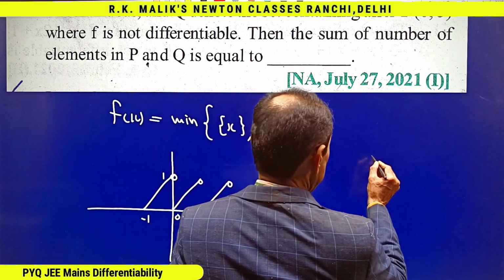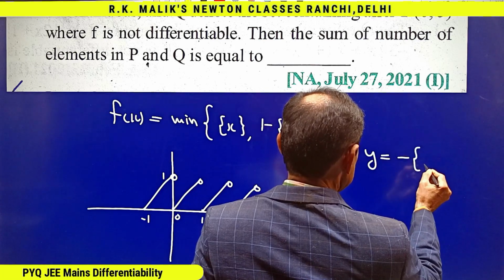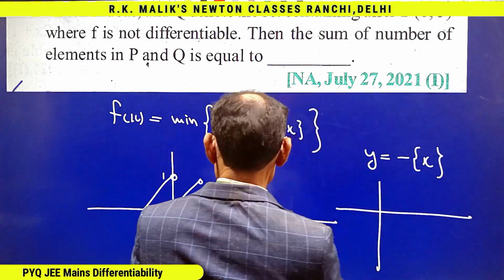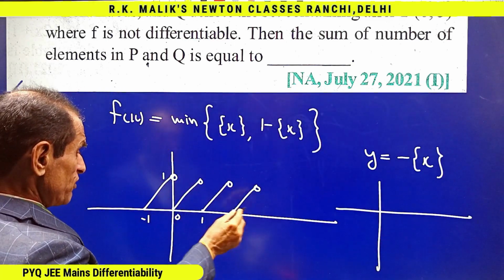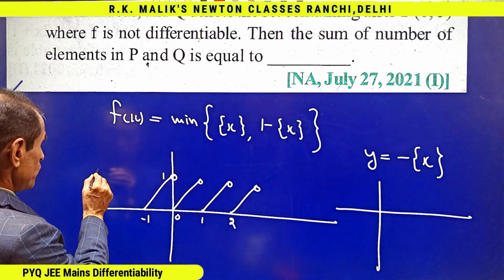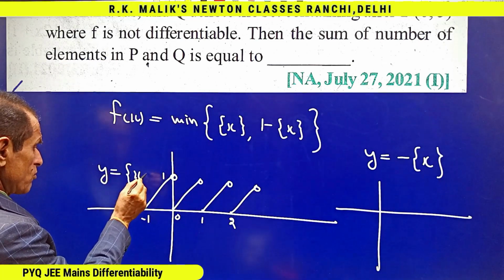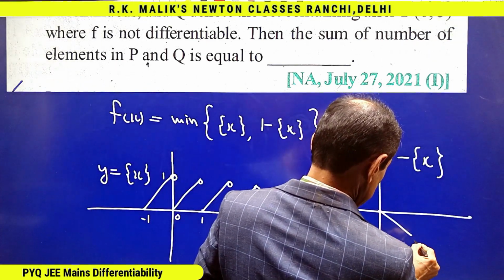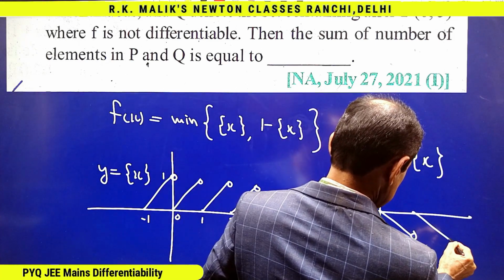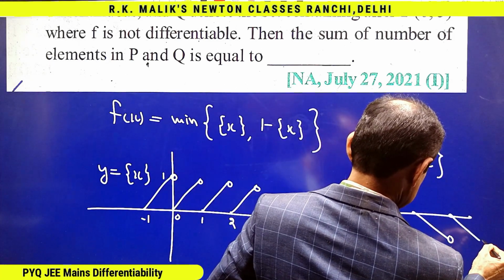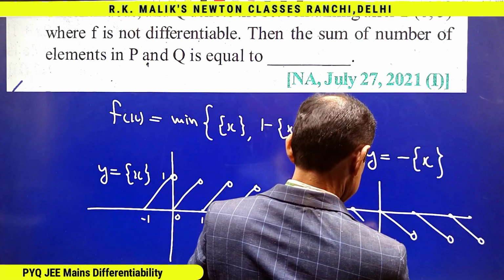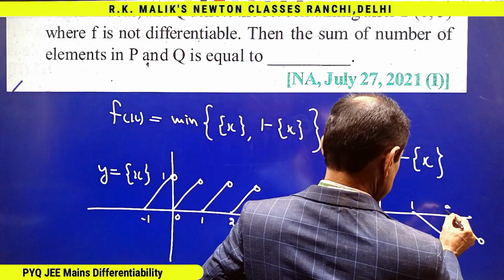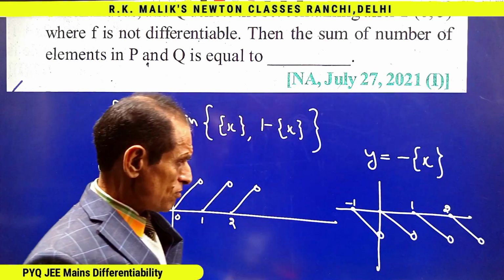Obviously, the graph of y equal to minus the fractional part of x will become just the mirror image of this graph in the x-axis.